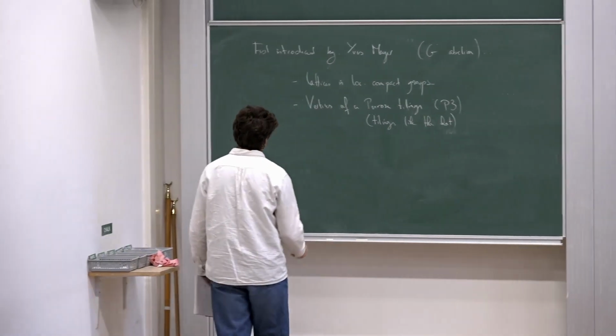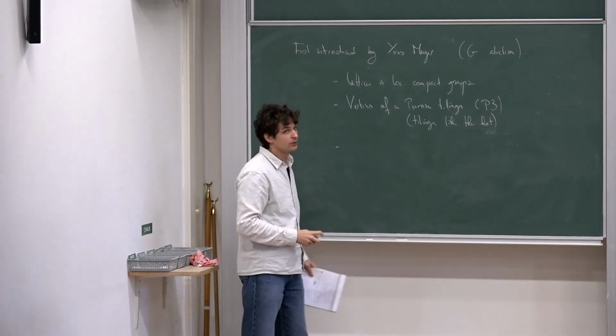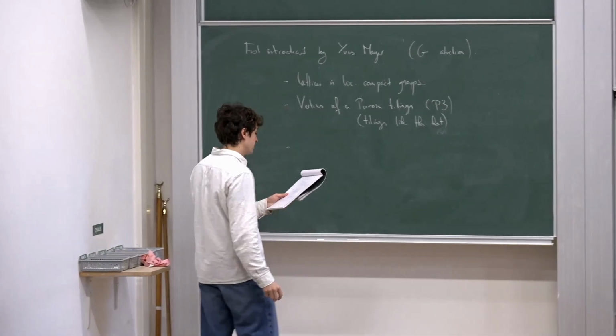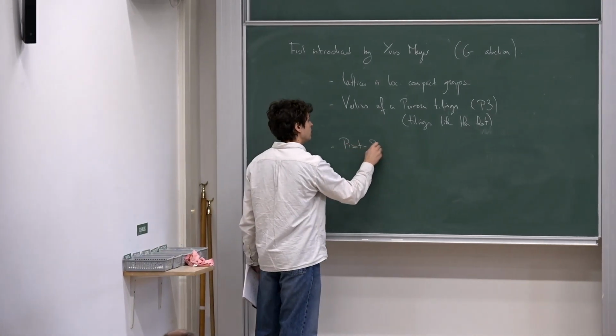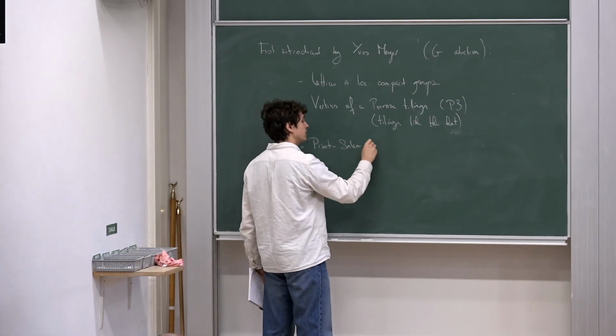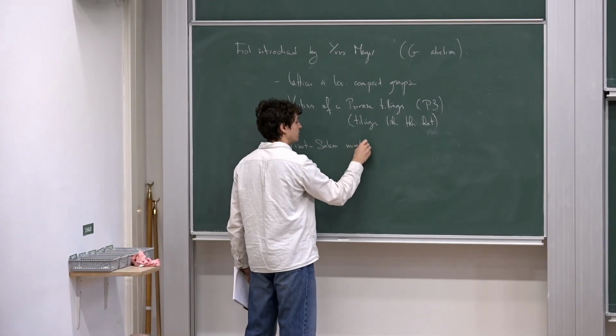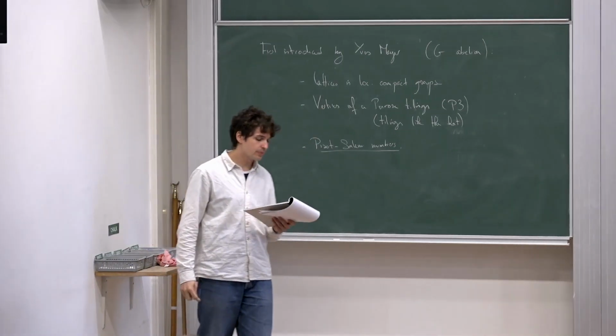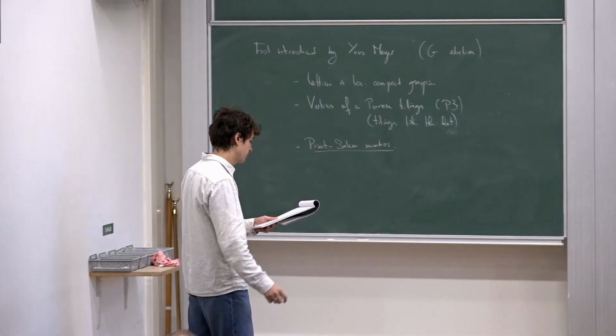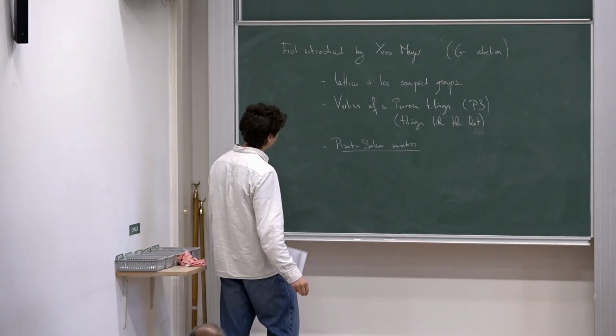And an example that is going to be a bit more interesting to us today is the set of Pisot-Salem numbers. So something coming from number theory. And a class of subsets that is easy to define and quite interesting.